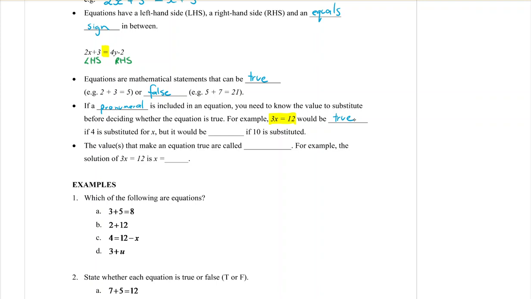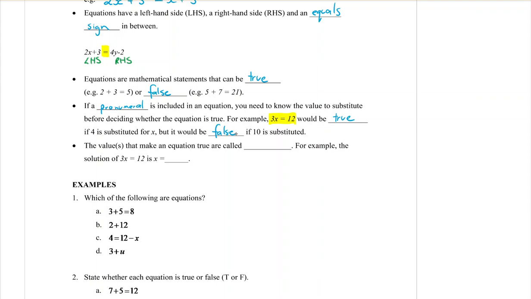Because 3 times 4 does make 12, doesn't it? But it would be false if 10 was substituted. Because 3 times 10, the 3x, makes 30, not 12. So that would be a false one. So it depends on what the number that you substitute in is as to whether it's a true equation or not.